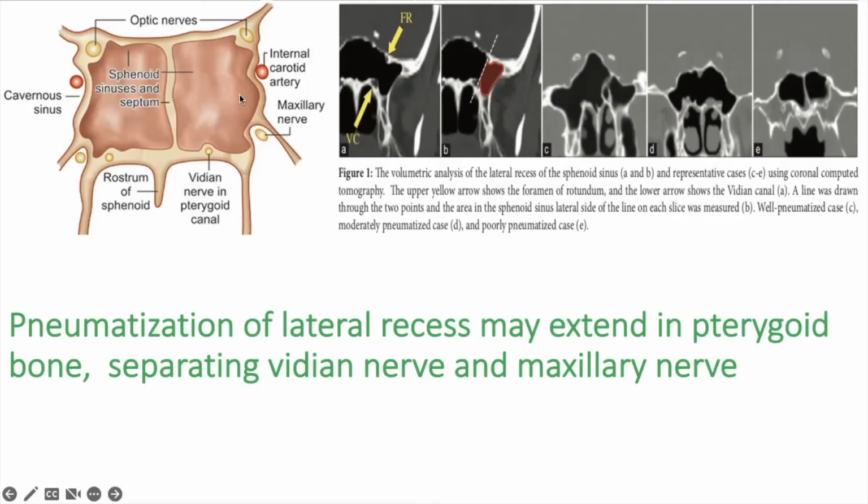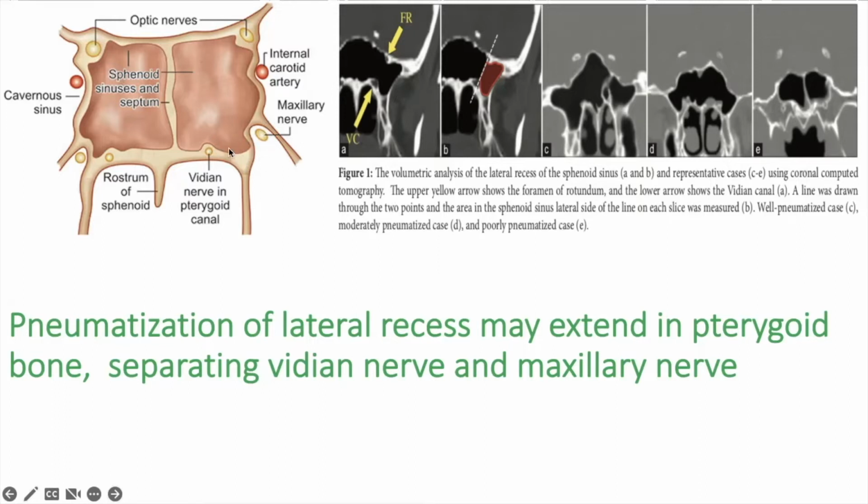If the lateral recess is greatly pneumatized, then it can separate the vidian nerve and the maxillary nerve. Usually these are side by side, but when there's extensive pneumatization, the maxillary nerve can be separated far away.